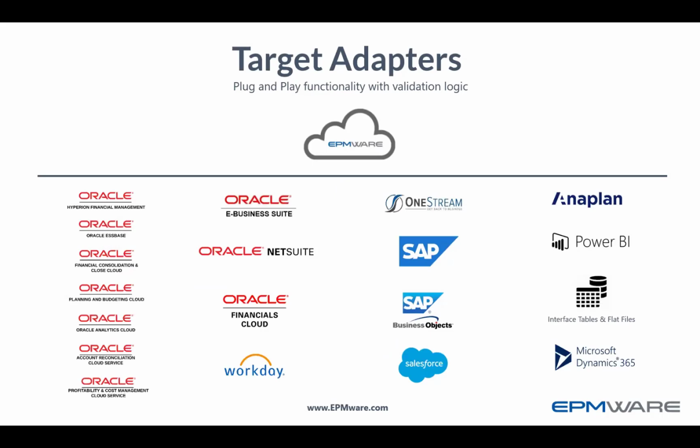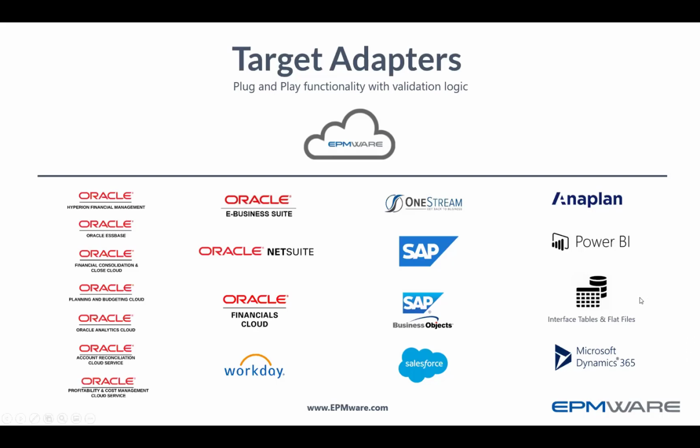Some of the target adapters that we deploy to, of course, are all the Hyperion cloud and on-premise applications. Now as EPMA is going away, we do have the capability of very quickly replacing EPMA. Of course, Oracle ERP, NetSuite, Workday, SAP, and OneStream is the latest addition to the suite as well.